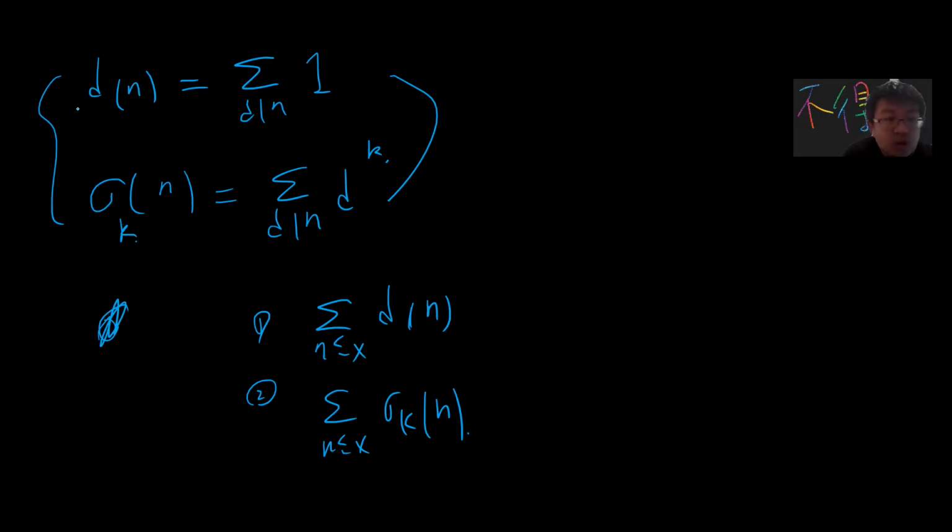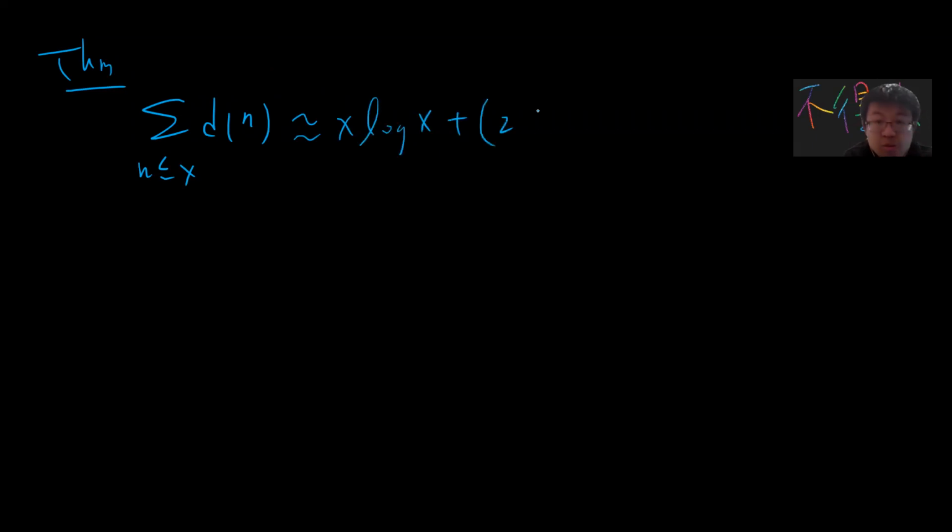Okay, so let's start. The first one is a theorem: if you sum the divisor function up to x, you get x log x plus (2c minus 1) x plus O of the square root of x, where c is the Euler constant.